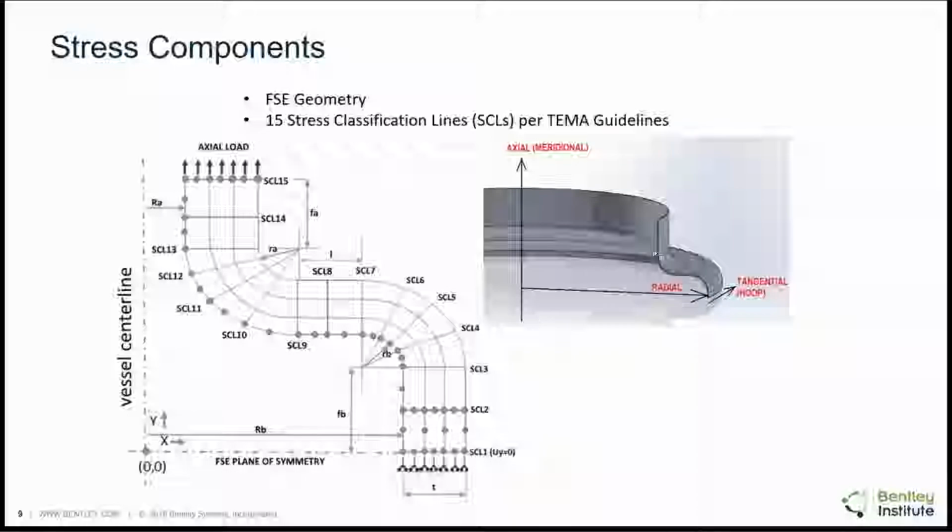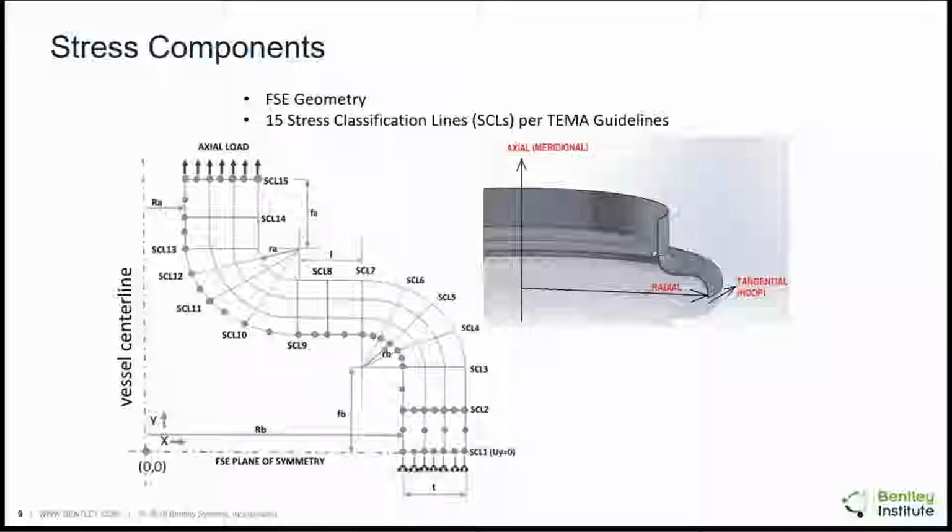There have to be a total of 15 stress classification lines as shown here. So 3 stress classification lines on straight portions: you see the outside cylinder, which goes from SCL1 to SCL3 with a middle plane, SCL2, and likewise 3 on the inner cylinder, which is at the top, SCL13 through SCL15 with SCL14 in between.